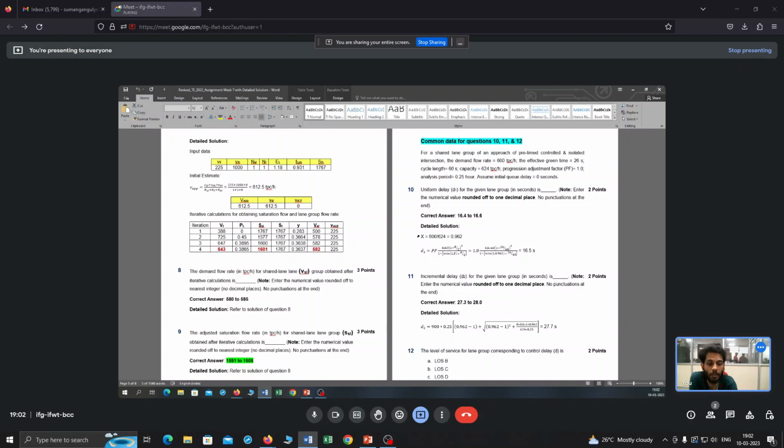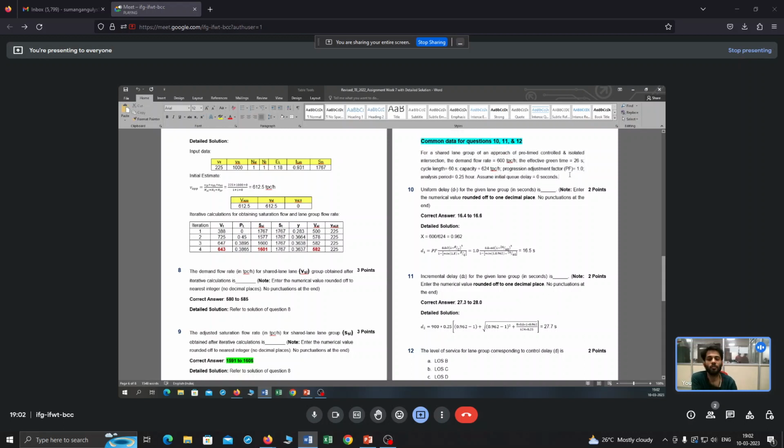Based on that, which is called the Q storage ratio, they want to evaluate the performance of the different movements, or movement groups. So here also, based on that, something has been given.